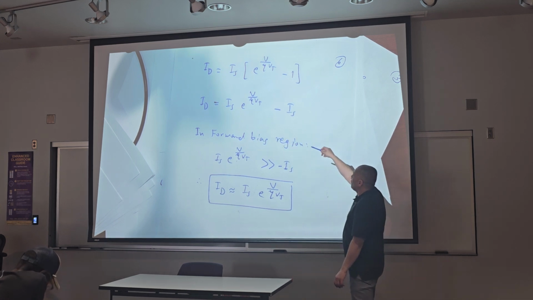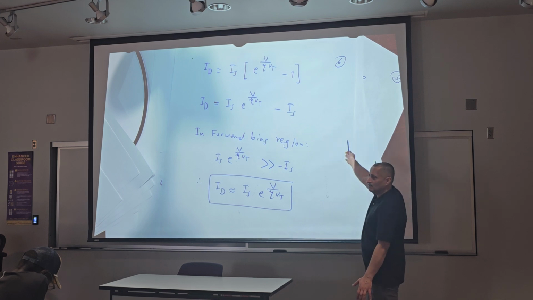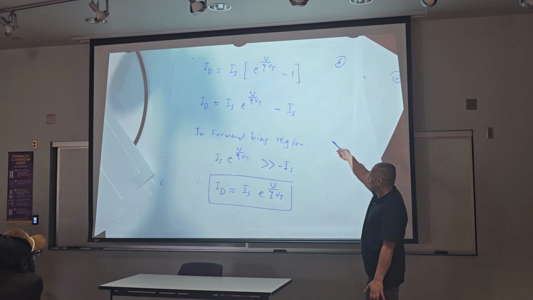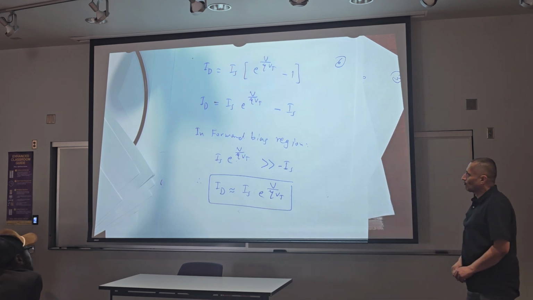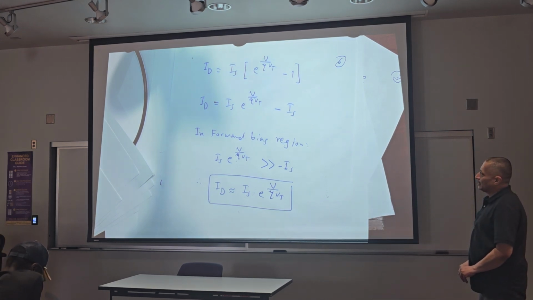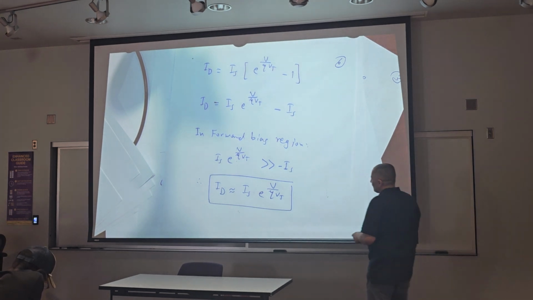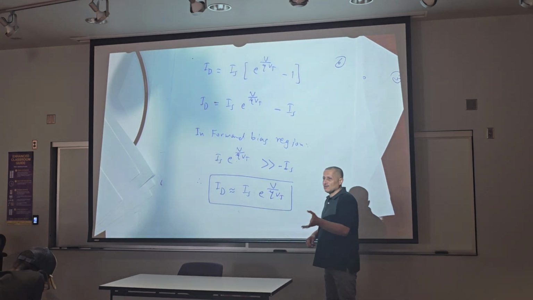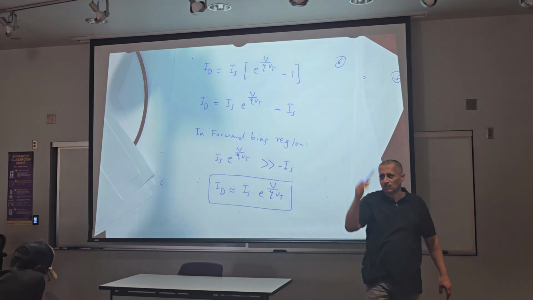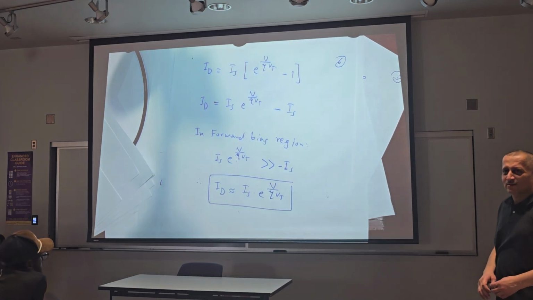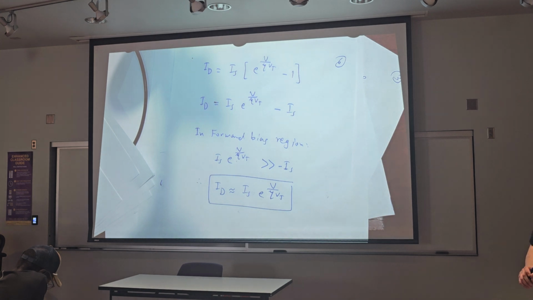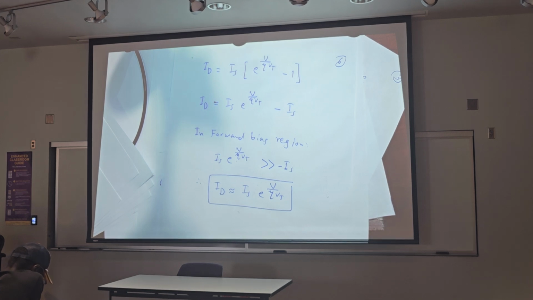IS exponential V over eta VT is more than IS, so we can ignore IS, and ID is approximately IS exponential V over eta VT, where eta is 1 or 2 depending on the material; take it as 1, because most cells are fabricated using silicon.